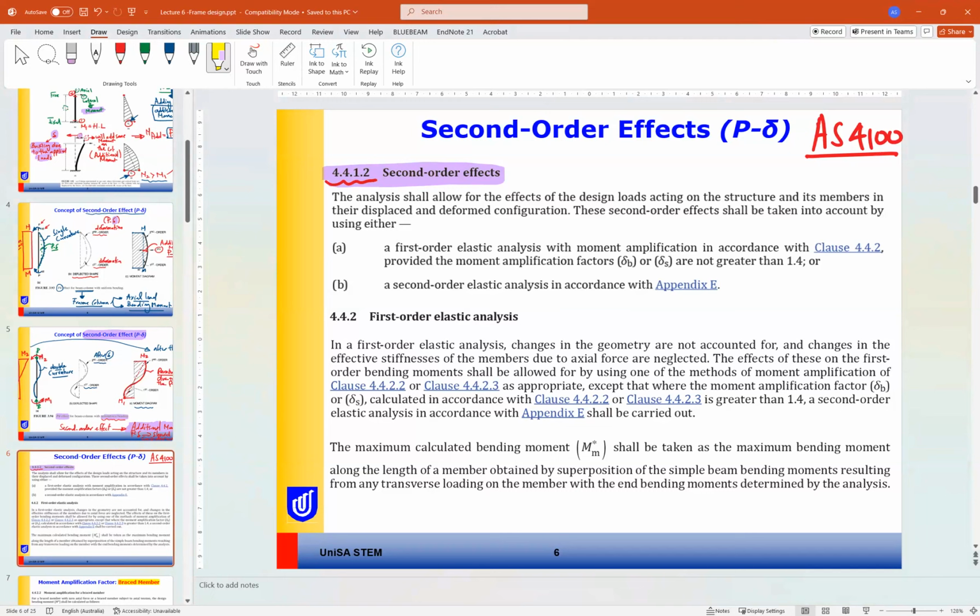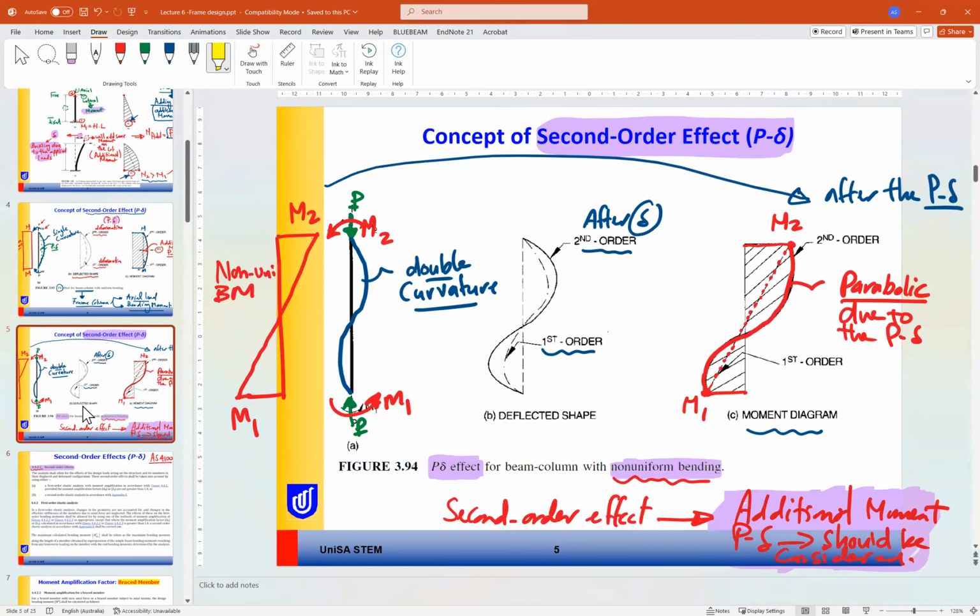I just received a question. What will happen if we have different loads and moments on both sides? What do you mean by different loads? From equilibrium, guys, if this is P, this should be P, because the summation of forces in Y should be 0.